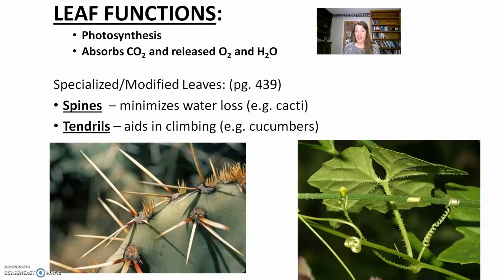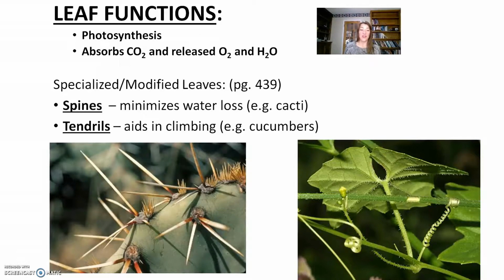So a lot of cacti and a lot of those pokey things out there, those are leaves that have been modified because they don't need that broad blade, since they would lose a lot of water. They have these spines used for protection, and their photosynthesis happens in different parts of the cacti, like the pad. So pretty cool.